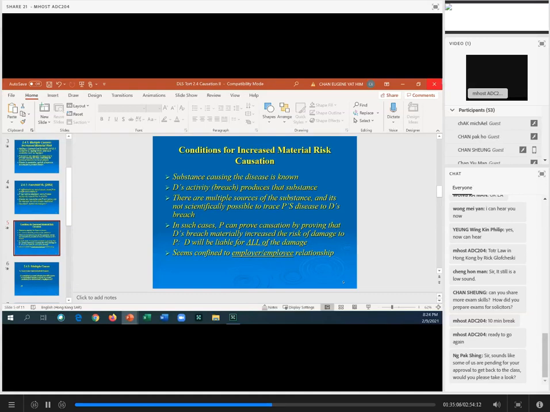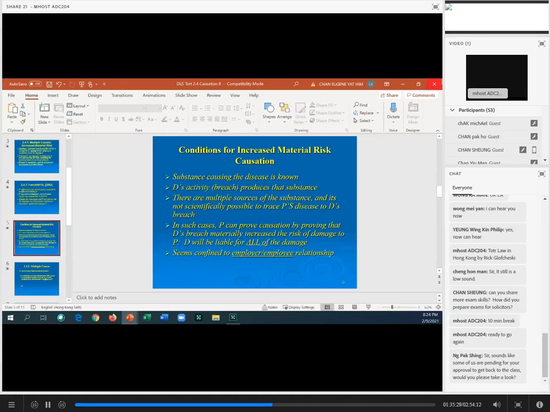All right. So what are the conditions for increased material risk causation, as in McGee and Fairchild? Obviously, the substance causing the disease is known. So in McGee, it was dermatitis, the dust. I think it was coal dust. And in Fairchild, it was asbestos. And then the defendant's activity, the breach, produces that substance.